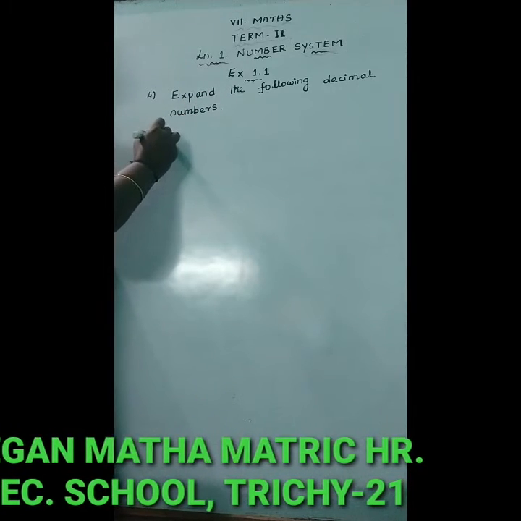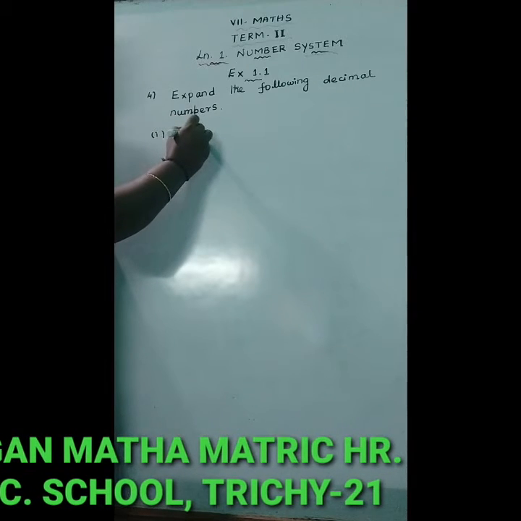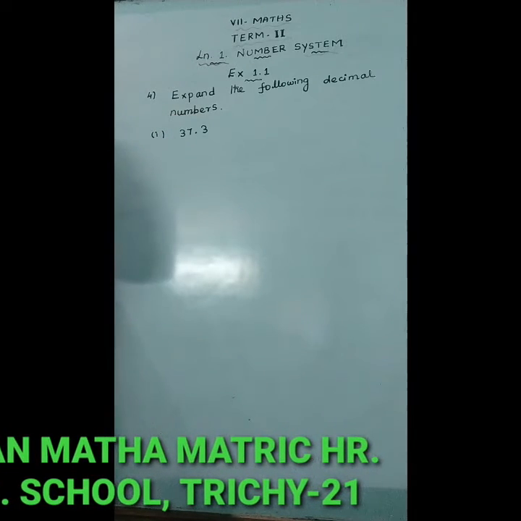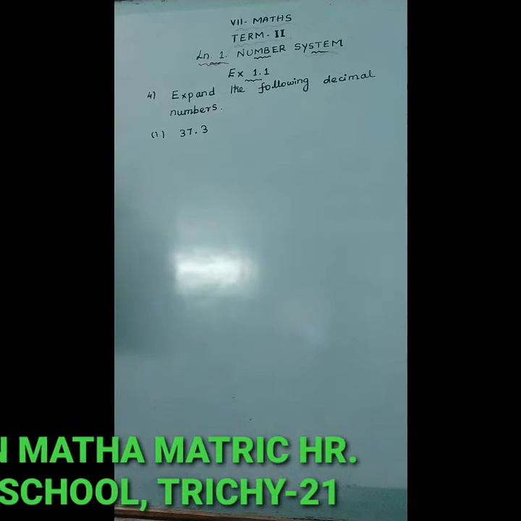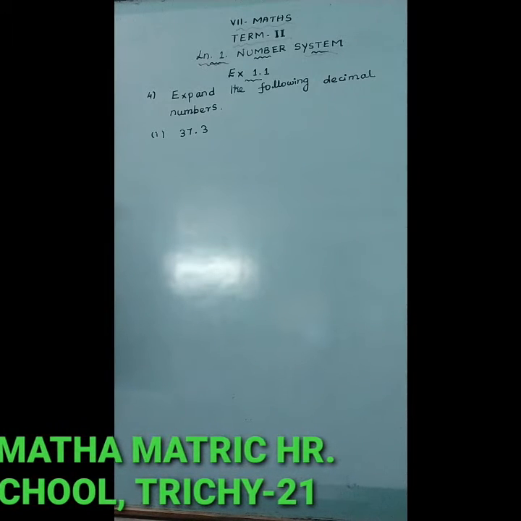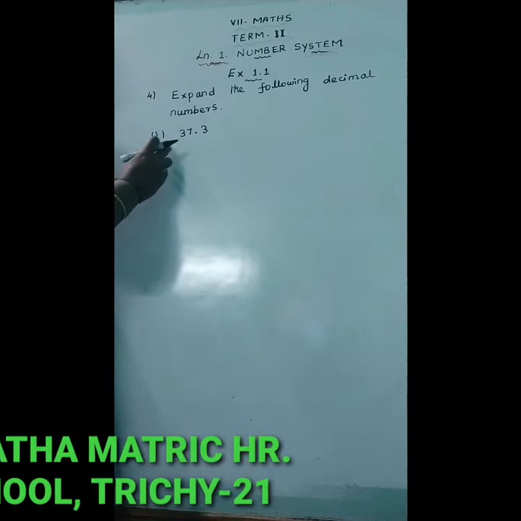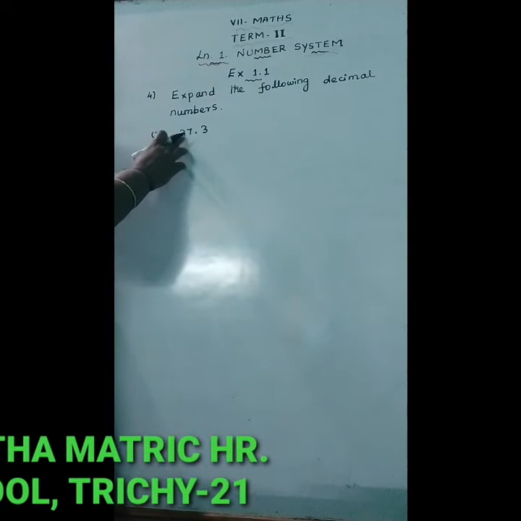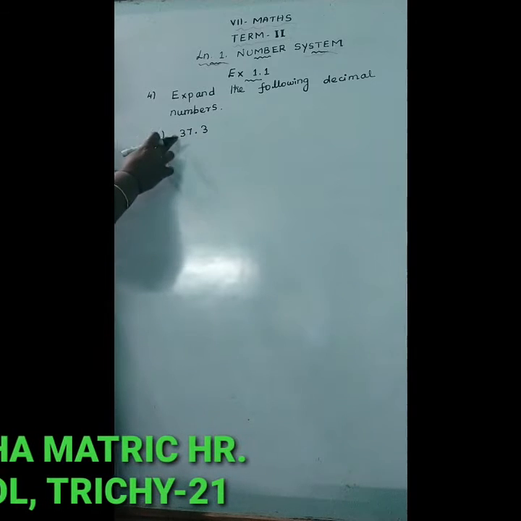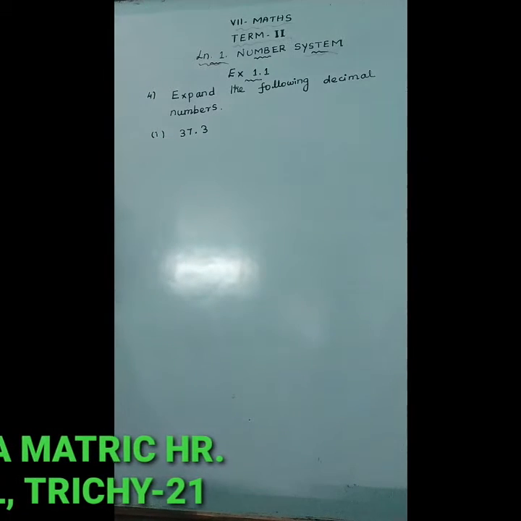The first one is 37.3. The decimal number is given, and we already know the place values. Before the dot, this place is ones, this place is tens.